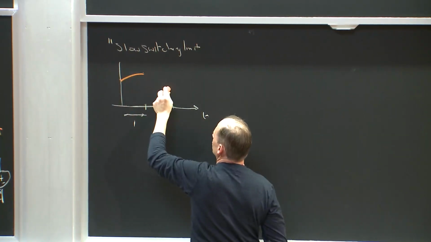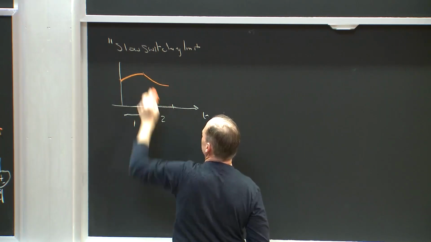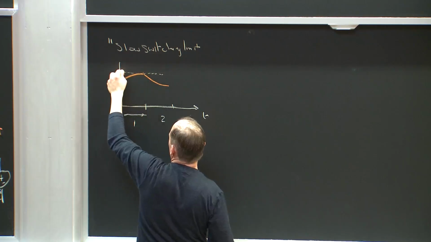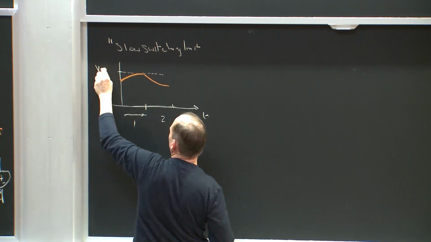And then it's going to discharge from V in minus V out down to V out, and it's going to do something like this with some RC time constant. And so at the end of state 1, it's going to V in minus V out.